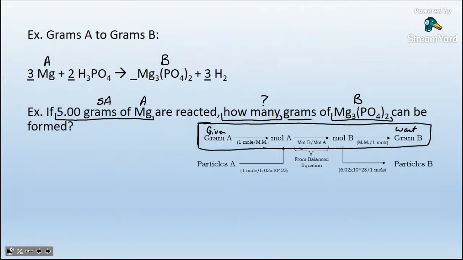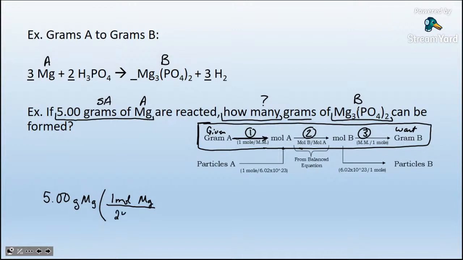But in this problem, here's what we should also notice. We're going to have a step 1, step 2, and a step 3. Again, while you could work 3 separate individual math problems, it's easier to string them together. That's what we're going to do. So 5.00 grams of magnesium is my starting amount. So my first step is going to be going from grams of A to moles of A. My roadmap tells me 1 mole of my substance A, which in this case is magnesium, over its molar mass.